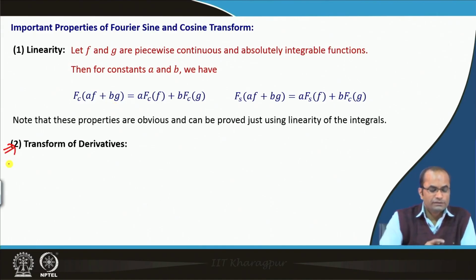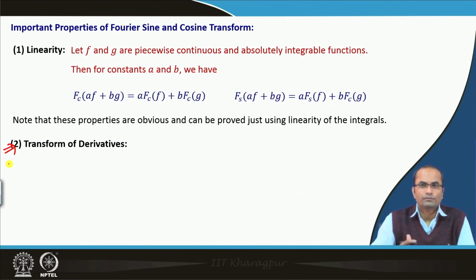Another one, which is most important from the point of view that we will be using this derivative theorem for solving partial differential equations or other kinds of differential equations, is the Fourier sine or cosine transform of derivatives.